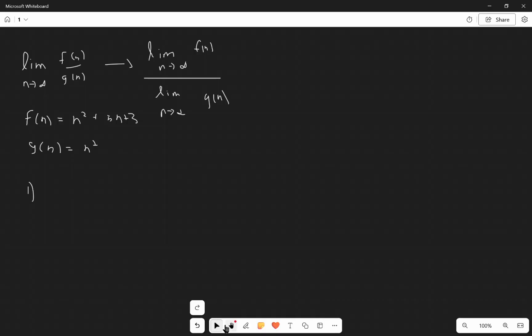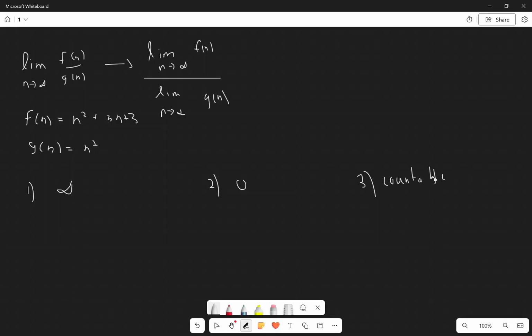The second possible value is 0, and the third possible value is a countable value, like 3 or 10 or could be 100. So these are the three possible values we can get for this expression.